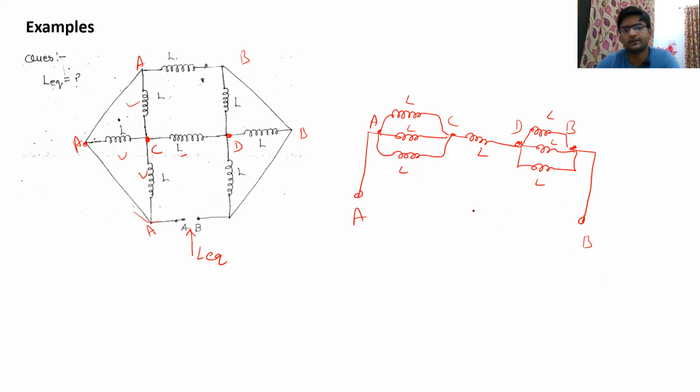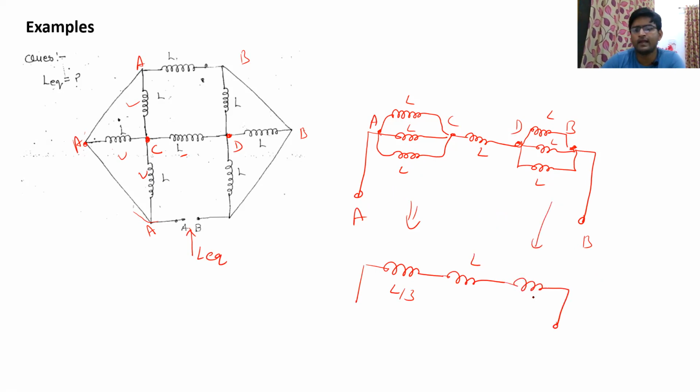So you know that like resistance, if three inductances are in parallel, their value will become L by 3, and then there is one more L in between, and then here also this will become L by 3.